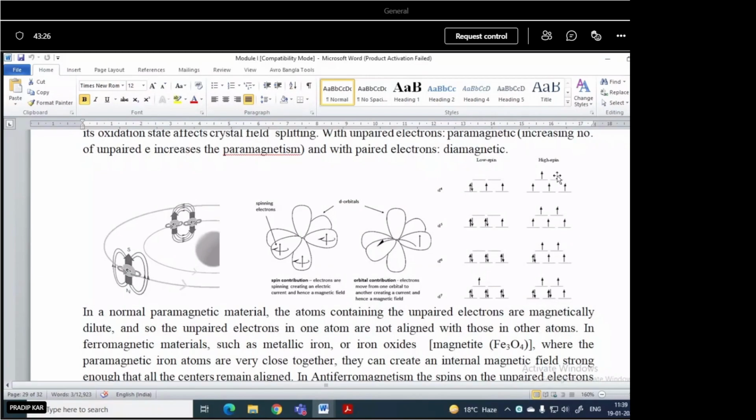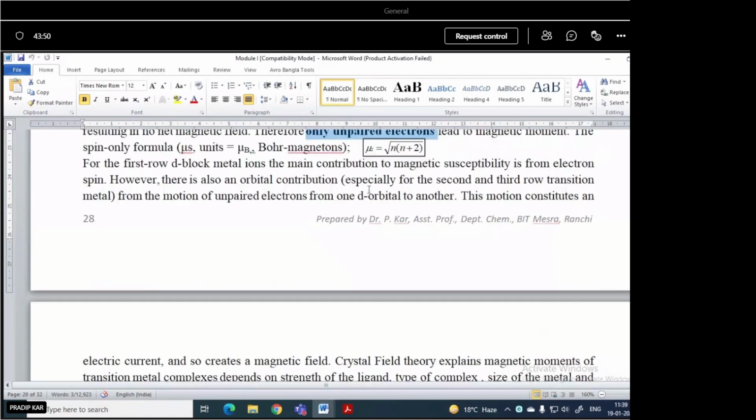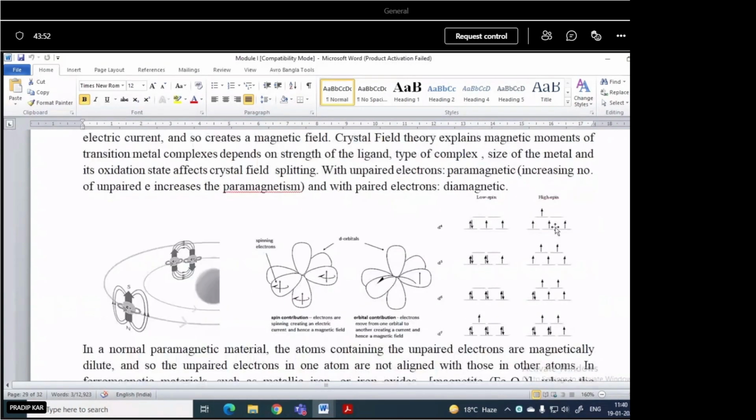In the case of d4, if we consider low spin, the number of lone electrons is 2, but for the high spin complex, the number of lone electrons is 4. That is why the high spin complex has a high magnetic moment. You can calculate by putting the number in this formula, and you will get the particular value.